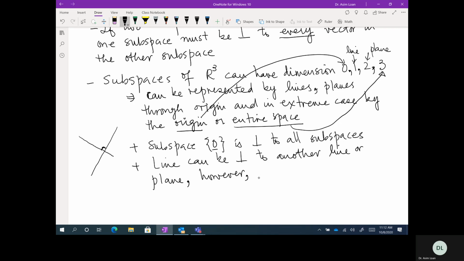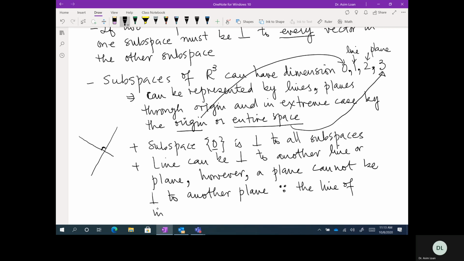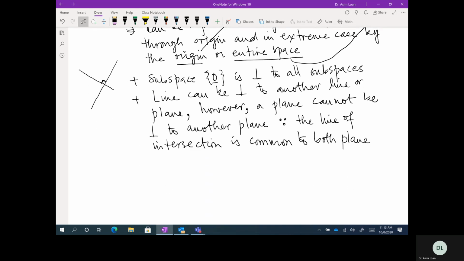So a plane cannot be orthogonal to another plane, because the line of intersection is common to both planes. Obviously this vector, since it's not zero, is not going to be orthogonal. So the two planes, when they intersect, are not orthogonal.